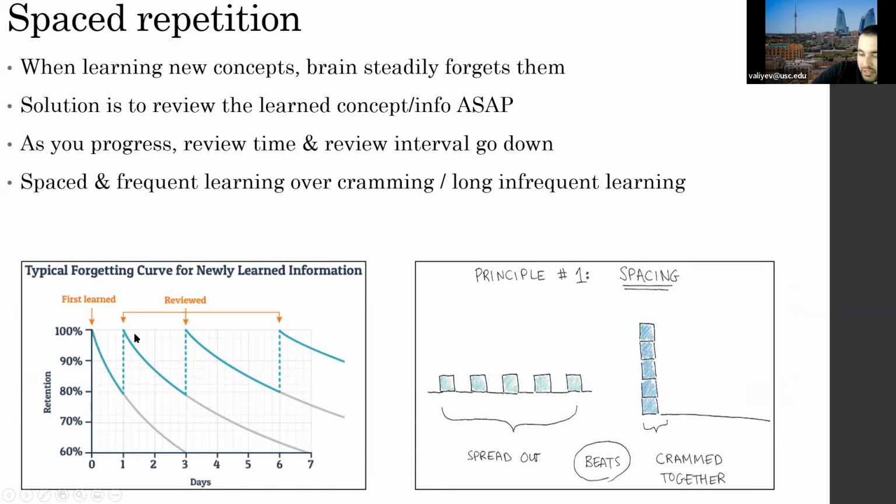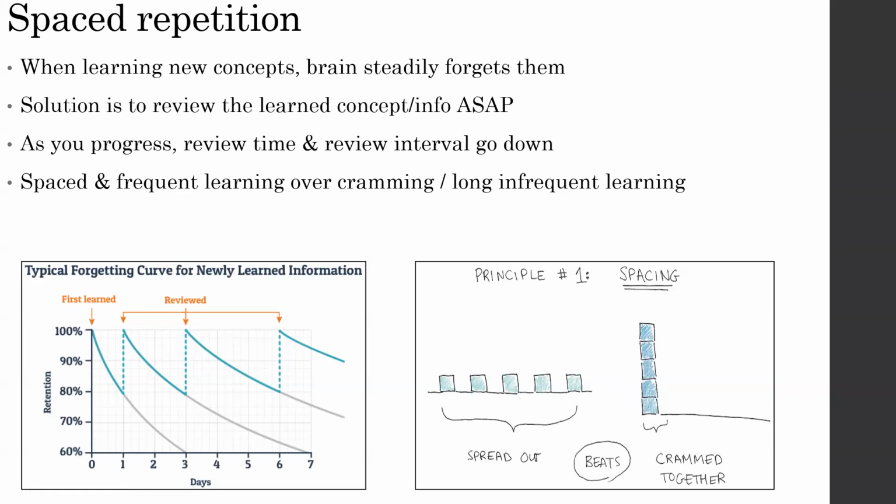But after you make a review, you forget the stuff in 6 days. As you see, it starts from 1 and finishes at 7. So the basic idea is that when you learn new stuff, in the beginning you should review it immediately, maybe after a day or 2. But after some time, if you have reviewed it a few times, you can review it maybe once in a month, once in several months, and after some time, maybe just once in a year.